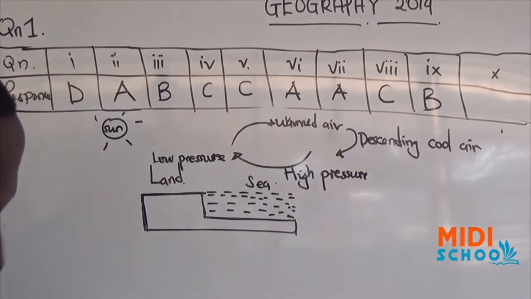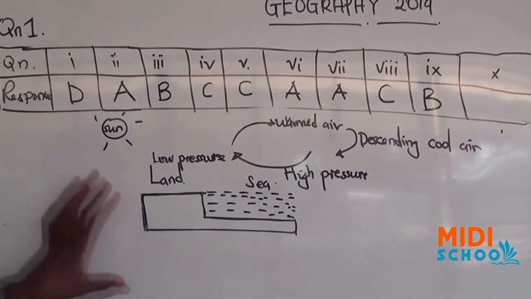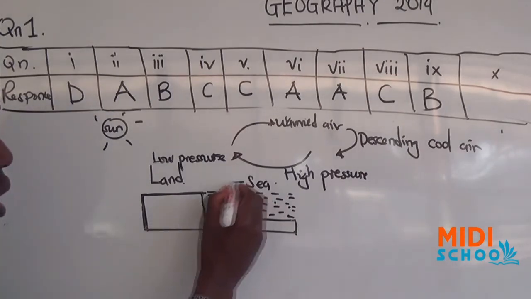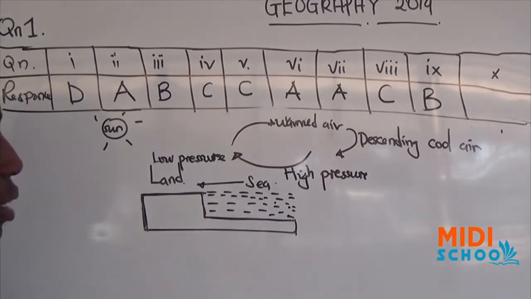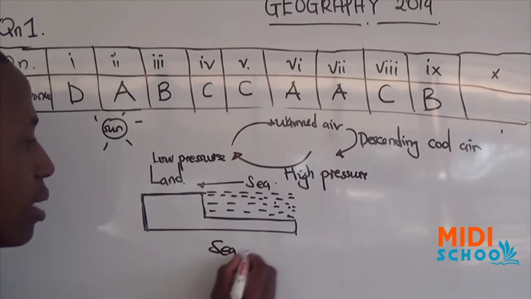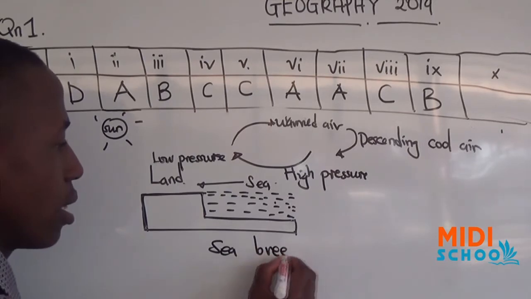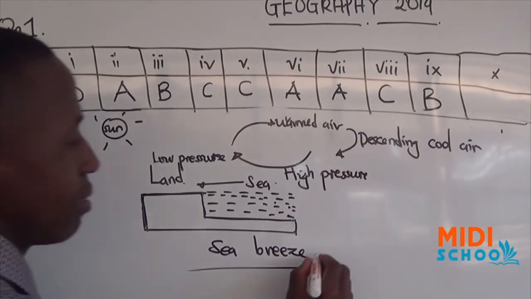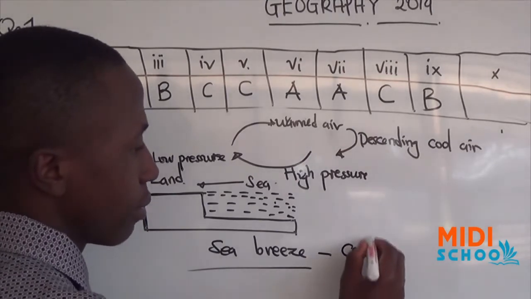Descending cold air. So, as I've told you, the wind that will blow from the sea to the land will be the sea breeze. And this provides the cooling effect.